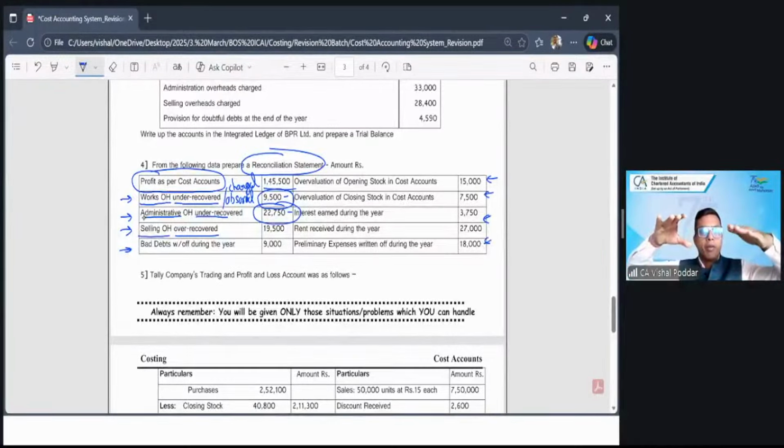So what is the impact if I check from the financial angle? Since the expenses are less in financial books, this is profit. So what will be the impact on profit? Profit will be higher, because the expenses are less. Now, in our question, our starting point of reconciliation is costing. So I'm standing here. I'll have to climb upwards. So my adjustment would be add.